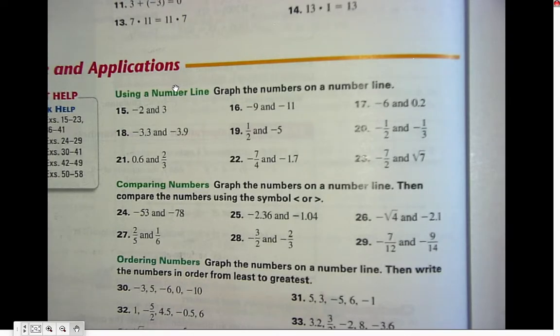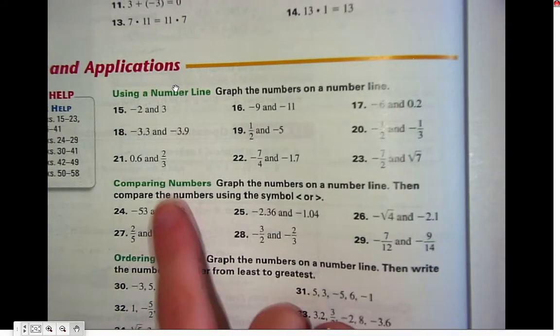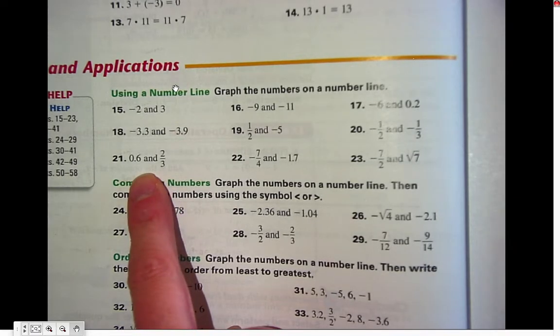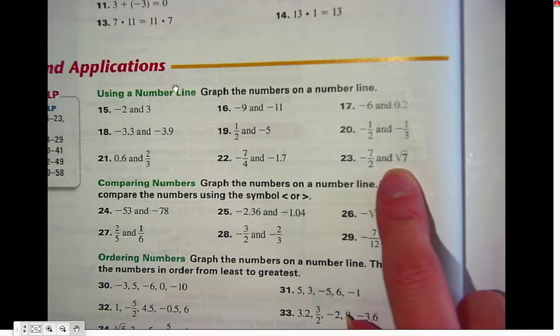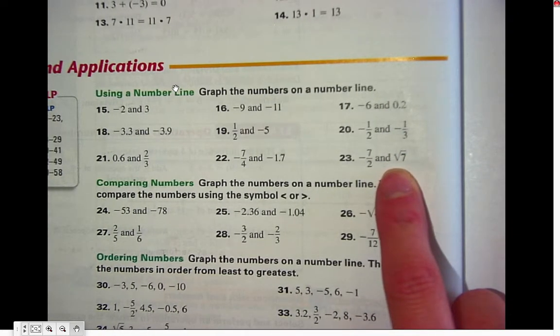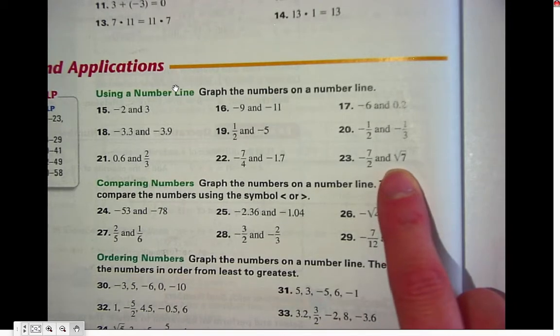So pretty much you're going to be doing them on the graph paper. If you look at number 21, it's just plotting 2 points. Same thing with number 23, it's just plotting 2 points. So you just need to make your number line.